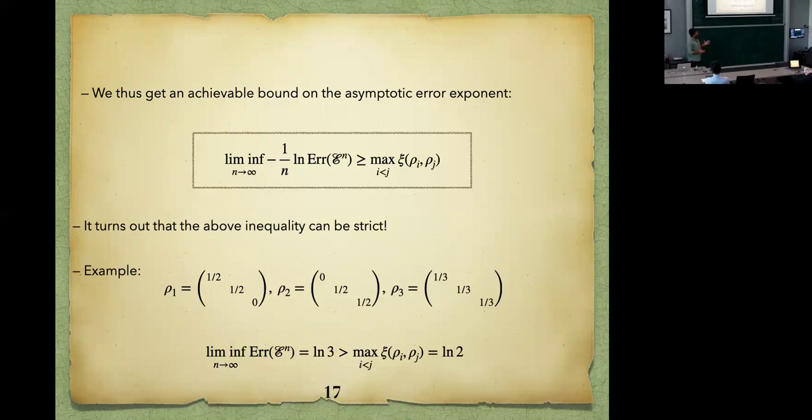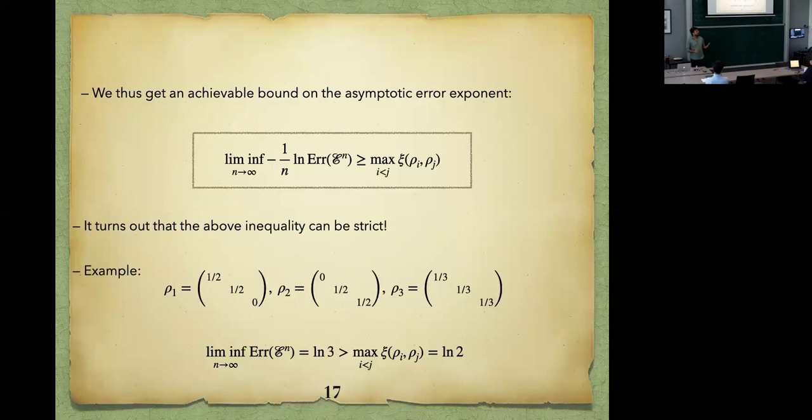Actually, from the beginning we were after the exact error exponent in the asymptotic case, but when we found out that there can be strict inequality, we were taken aback a little bit, because we were expecting that there would be equality there. Why? Well, just a hunch.